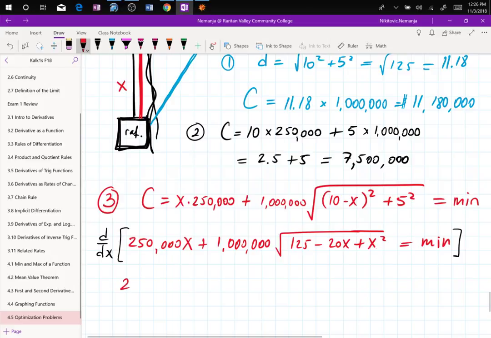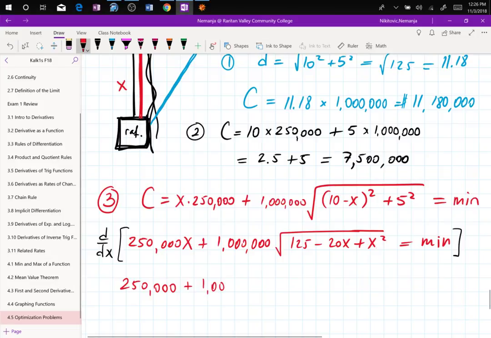We get 250,000 plus 1 million, and now we have to do this derivative. This is square root, so the derivative of this goes on top, and 2 times whatever we have there on the bottom, equals 0.